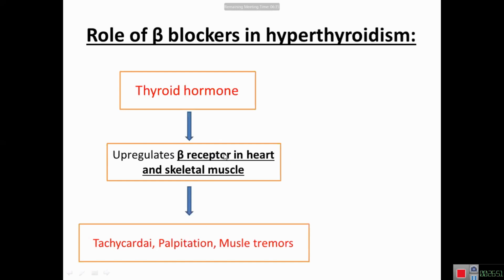So these are the roles of thyroid hormones in the cardiovascular system. But in hyperthyroidism, there is an increased level of thyroid hormone, so the patient may experience more and more tachycardia, palpitations, and muscle tremors.